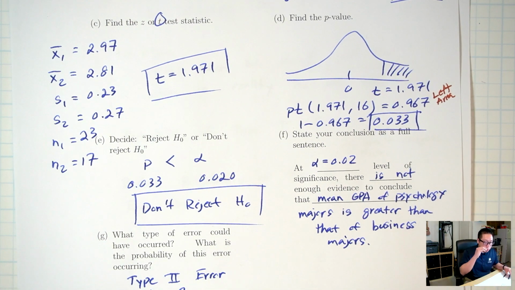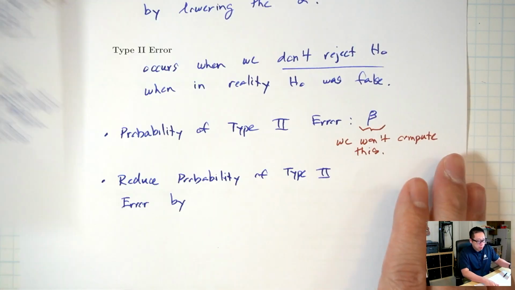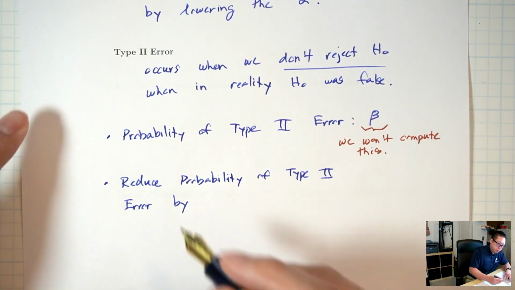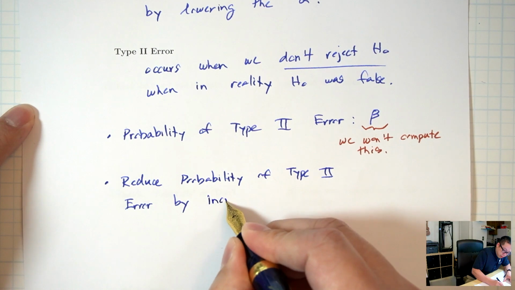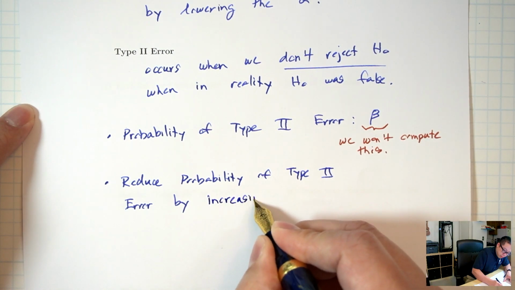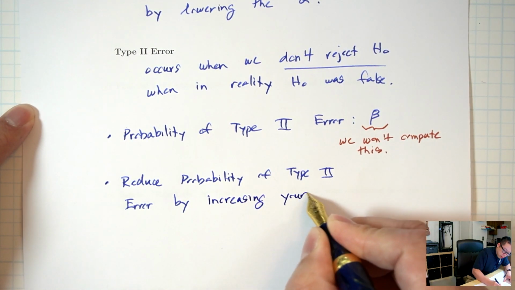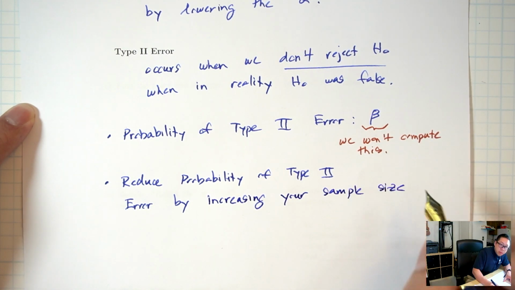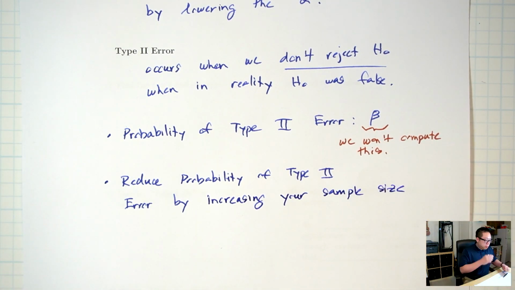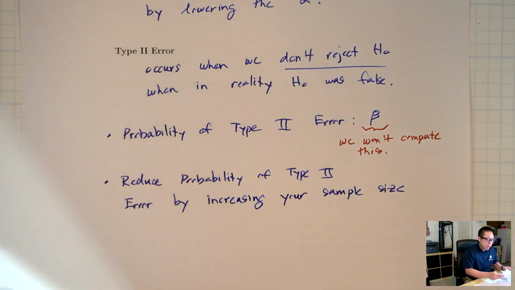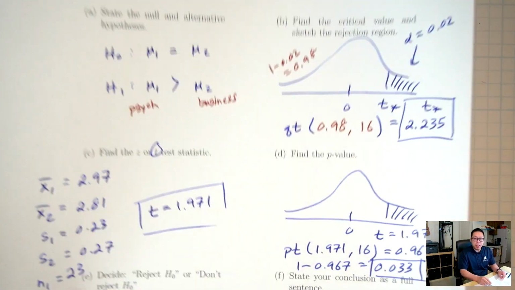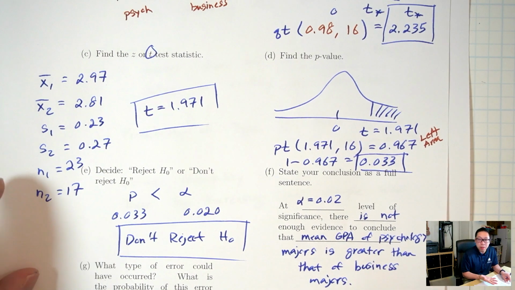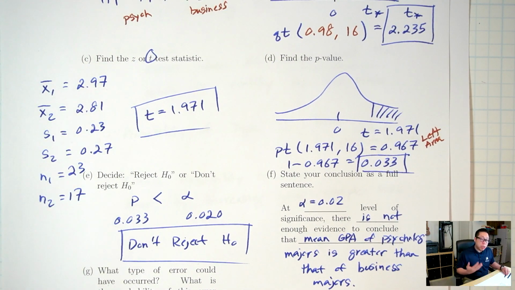The better way to do it is to increase your sample size. If indeed H0 is false and the p-value is just not low enough for you to get a reject, increase your sample size.